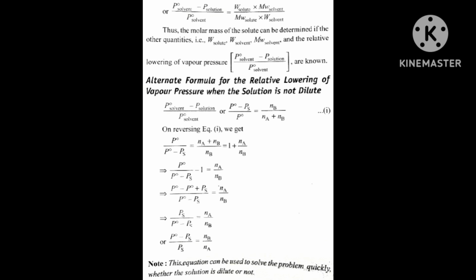I told you that delta P upon P1 naught is equal to X2. This is the relative lowering of vapor pressure, and if you put the value of delta P1, it becomes P1 naught minus P1 divided by P1 naught, which is equal to X2.